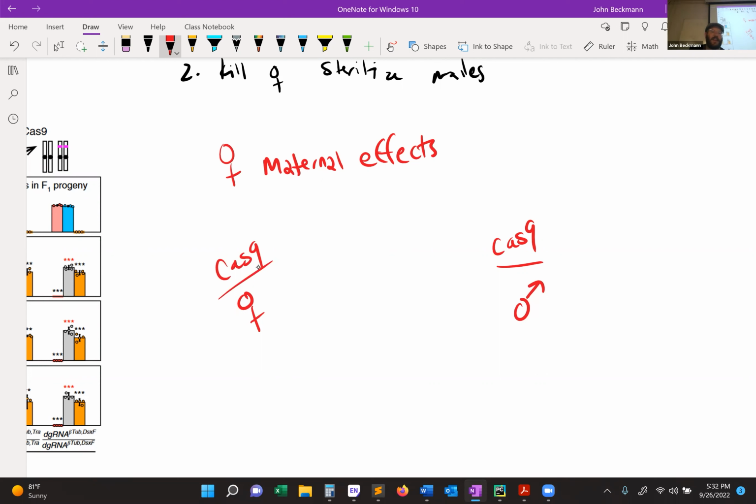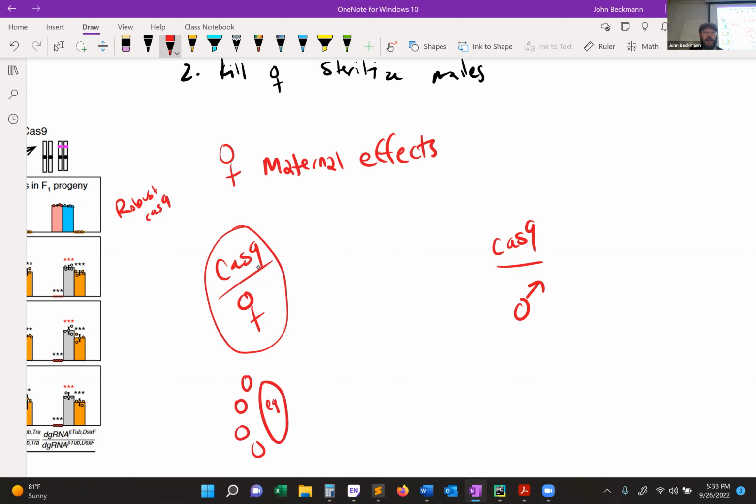And let's say it works, if you have robust Cas9. In the female, you're going to get really, really good loading of Cas9 into the embryo because of what are called the nurse cells. I kind of drew this out once before, didn't I?